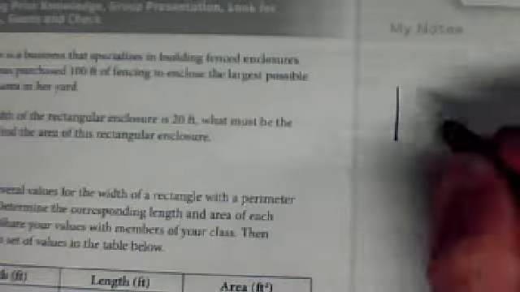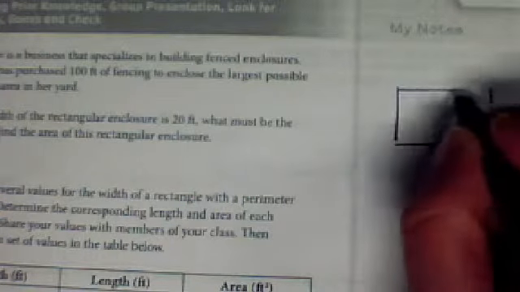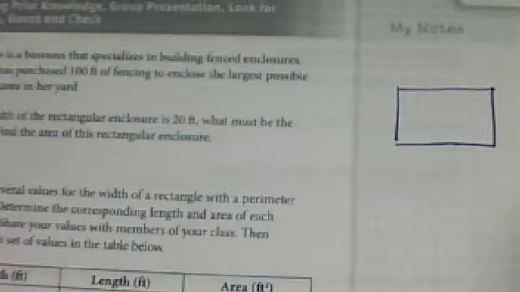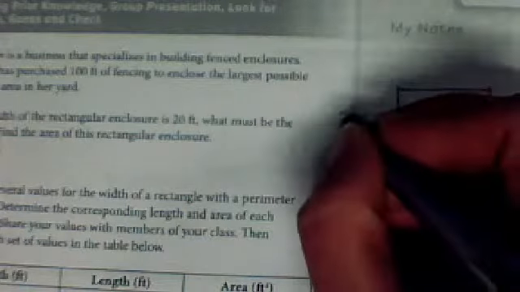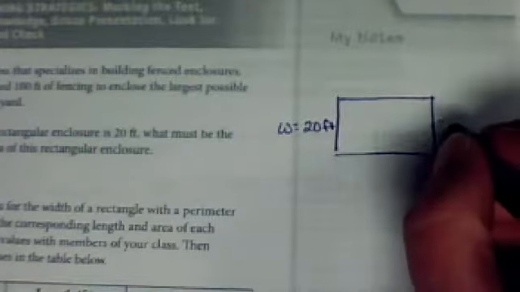And if we have 100 feet, remember how a rectangle works? Opposite sides are equal length. If the width is 20 feet, then that means this other opposite side would be 20 feet.